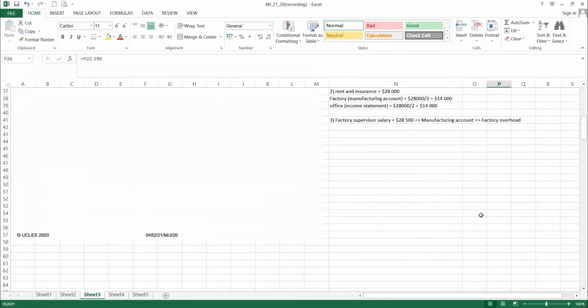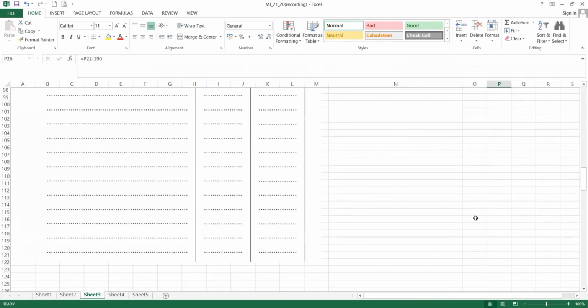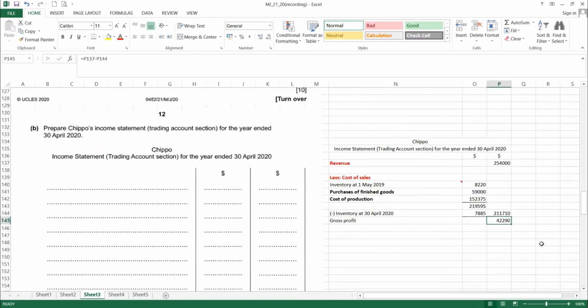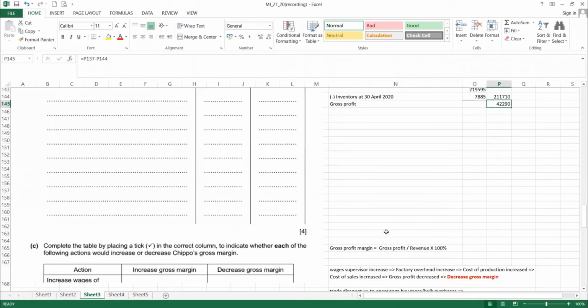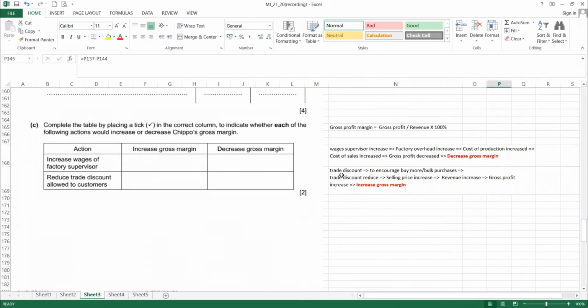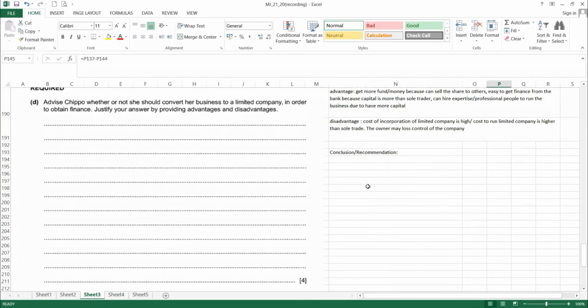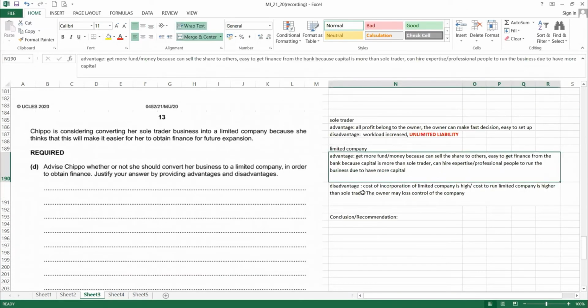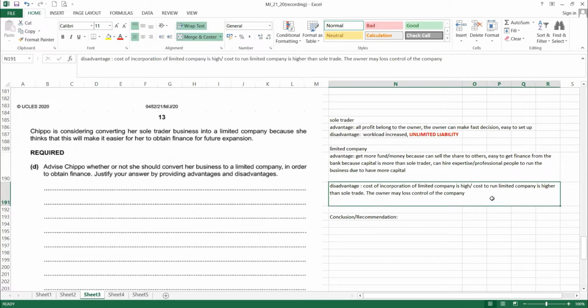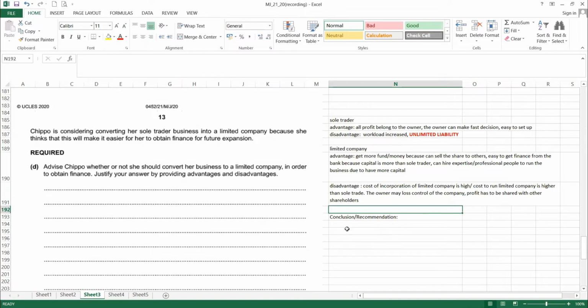Only the quantitative number we have here is the profit, 42,000. So the bad thing if we incorporate the company, the disadvantage for the owner, is that the profit has to be shared with others, the shareholders. So that is from the information that we can get.